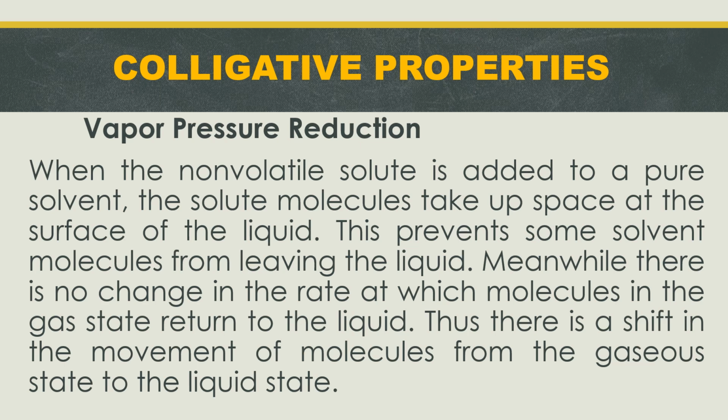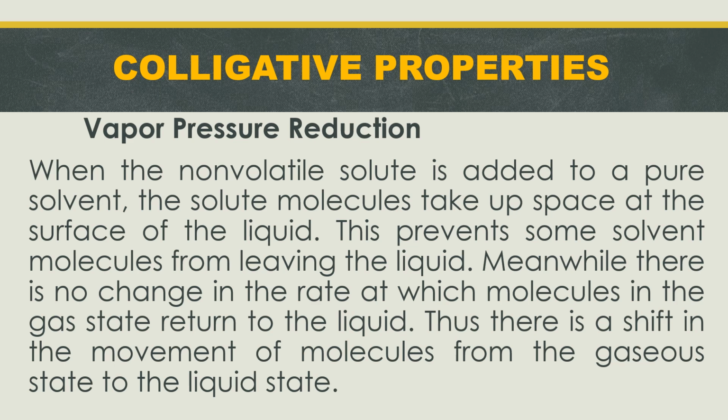Now, when the non-volatile solute is added to a pure solvent, the solute molecules take up space at the surface of the liquid. This prevents some solvent molecules from leaving the liquid. Meanwhile, there is no change in the rate at which molecules in the gas state return to the liquid. Thus, there is a shift in the movement of molecules from the gaseous state to the liquid state.